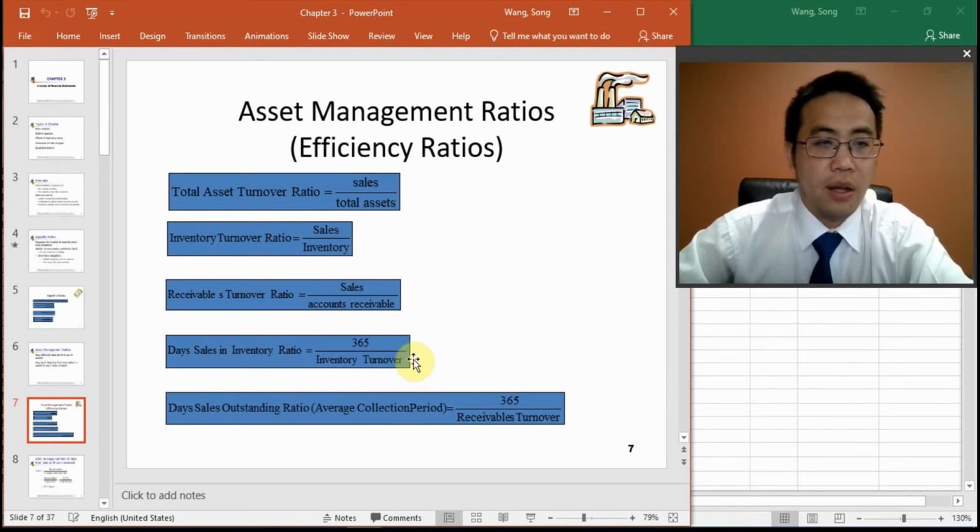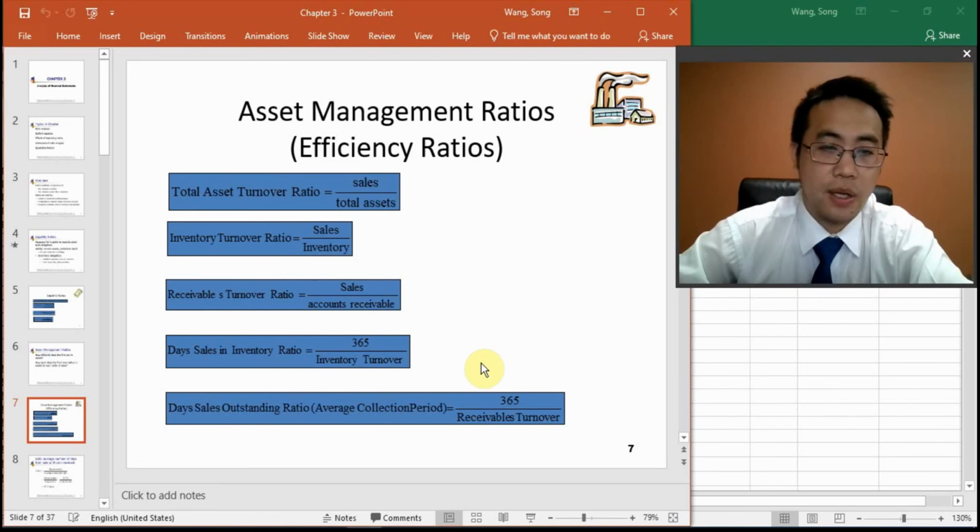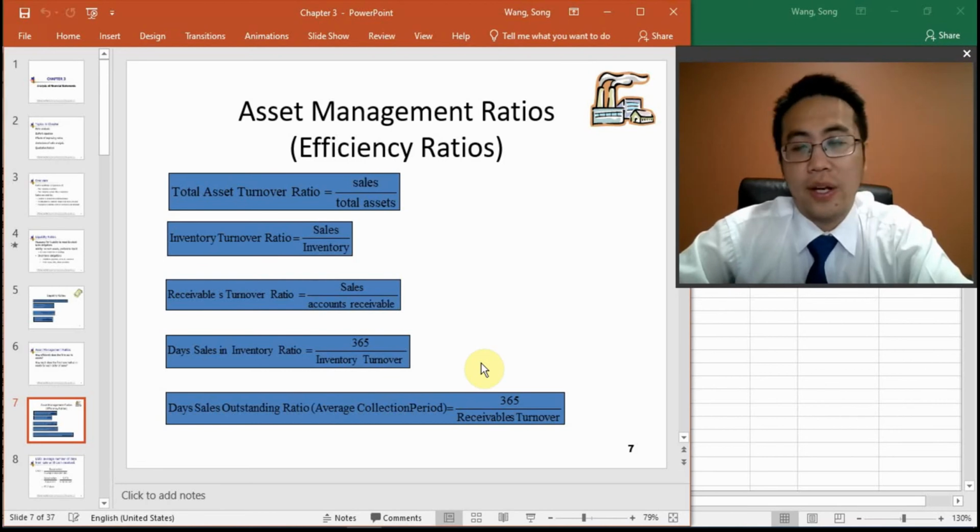Based on the inventory turnover ratio above, you can have the days sales in inventory ratio, which is the number of days in a year, 365, divided by inventory turnover. It also tells you how long it takes to replace your inventory once. For example, if you are running a car dealership, and in the simplest case, you only have one parking lot just for one car for your entire inventory.